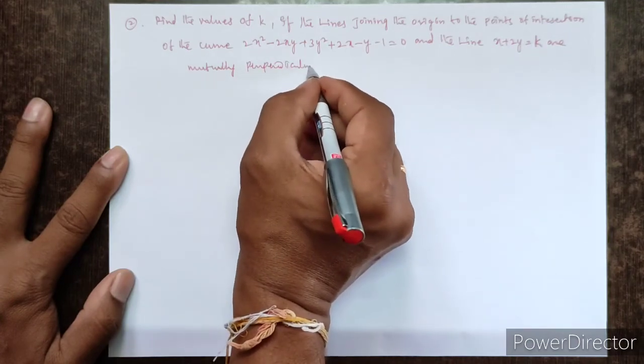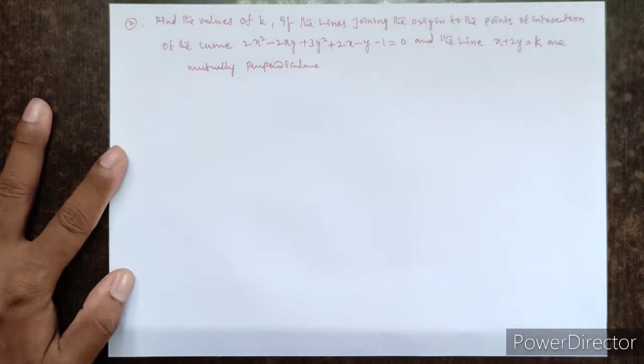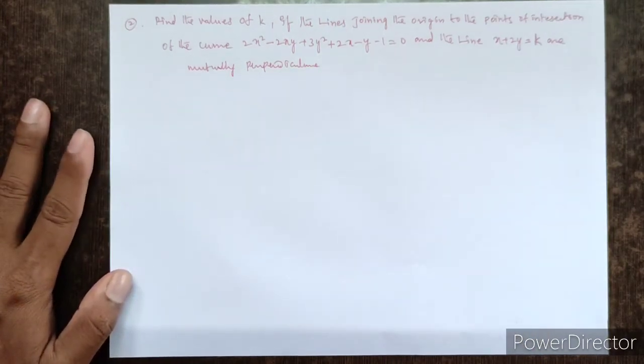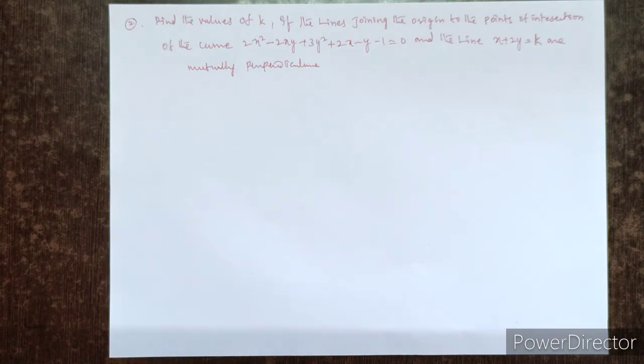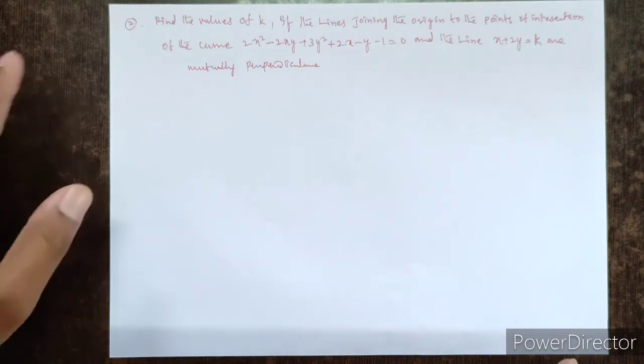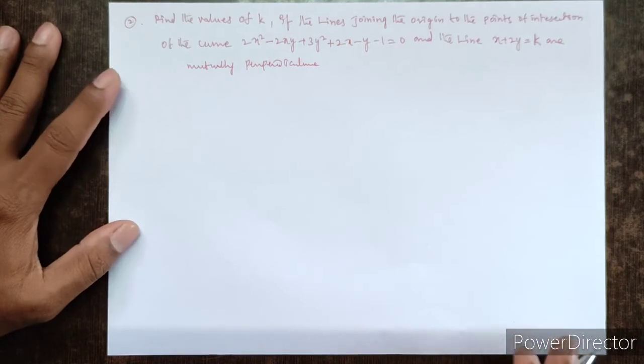So when the lines are mutually perpendicular, then we can find the value of k, same like the before problem.